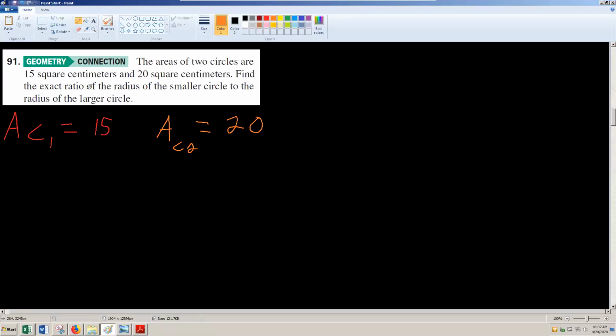Find the exact ratio of the radius of the smaller circle to the radius of the larger circle. Well, in order to do this, I need to know that the area of a circle equals pi r squared.